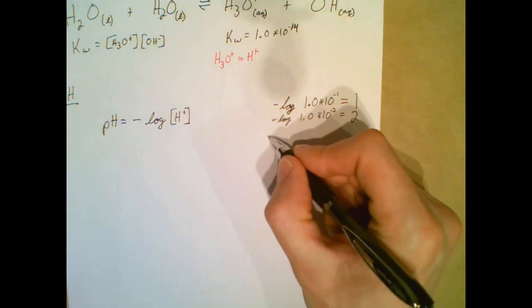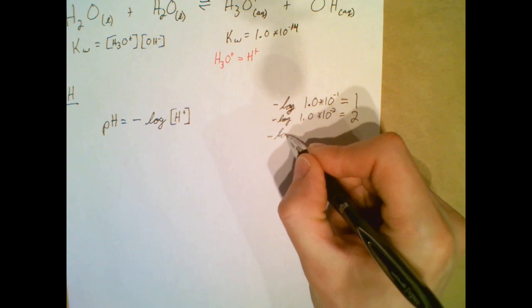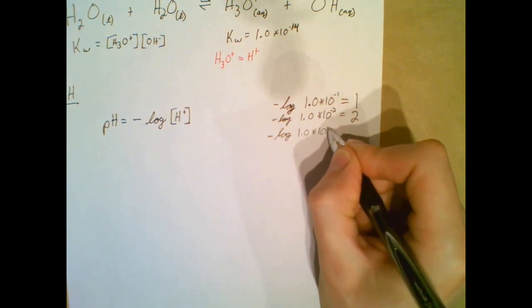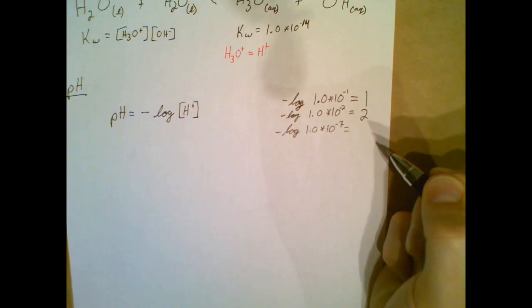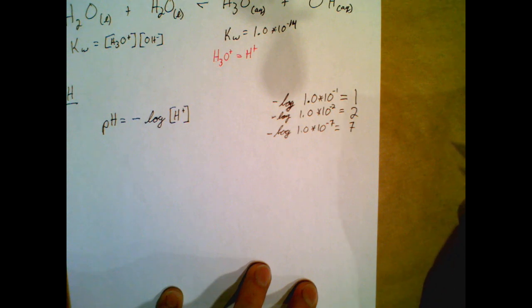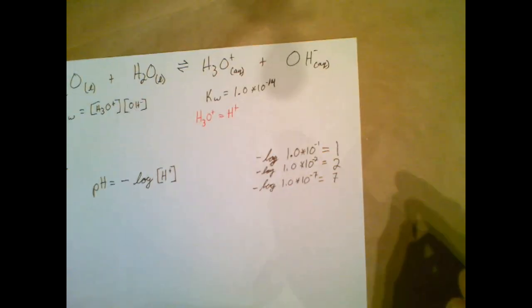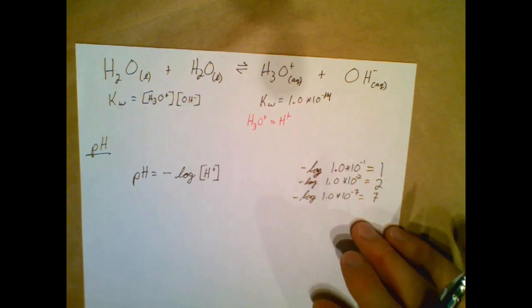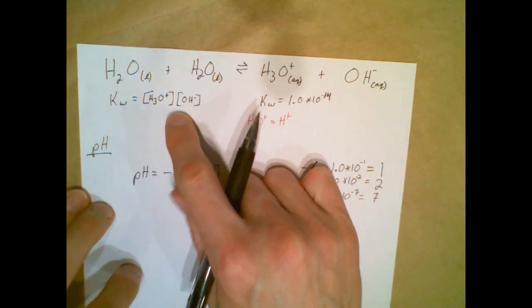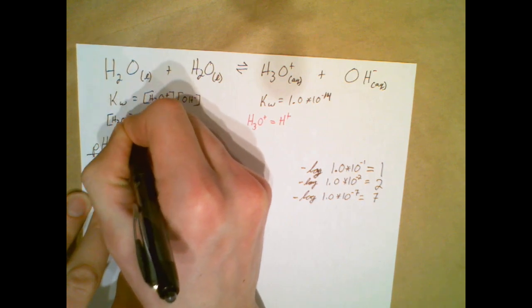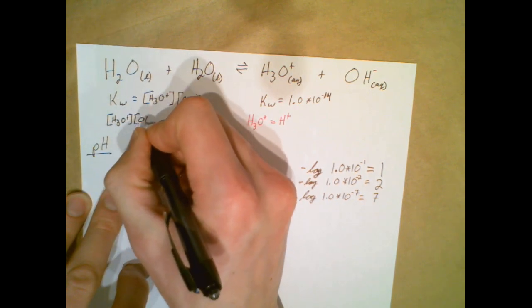Here's the last one I want you to punch in. The negative logarithm of 1.0 times 10 to the minus 7. You're going to find that 7. Okay, do you remember when I said pure water has this as its Kw, but remember that came from knowing the concentration of H3O plus and the concentration of OH minus.